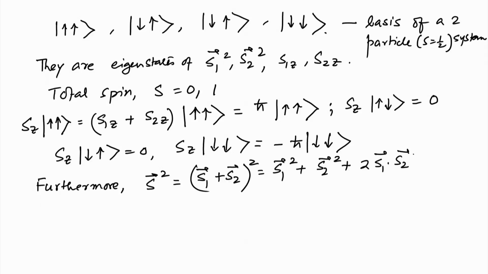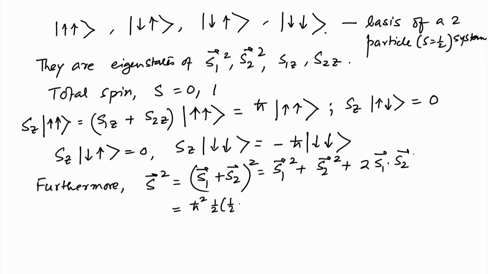S1 and S2 will commute with each other because they pertain to different particles. So, S1 square will be H cross square times S into S plus 1, that is half into half plus 1.